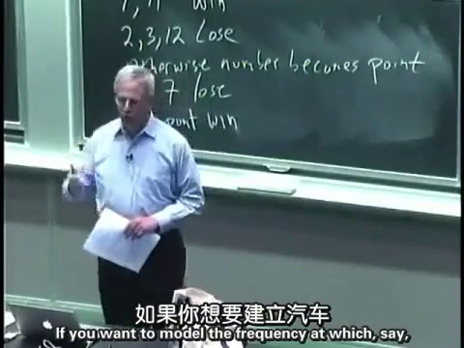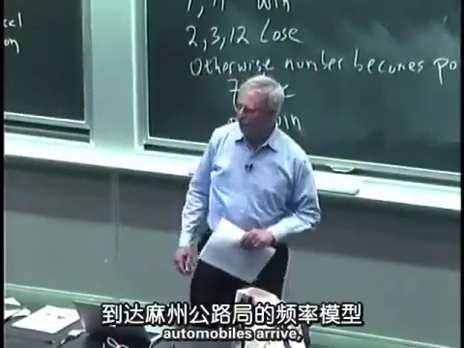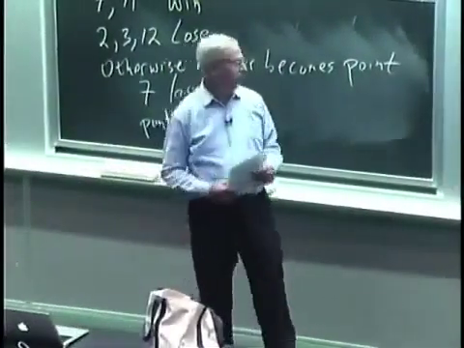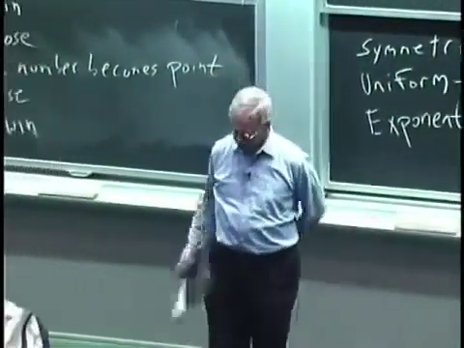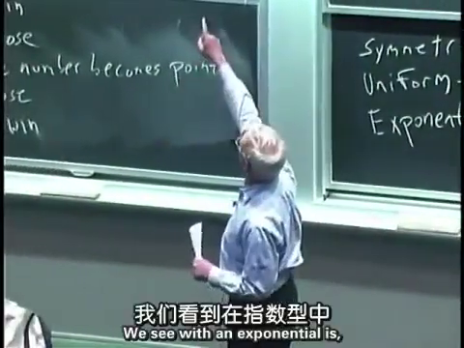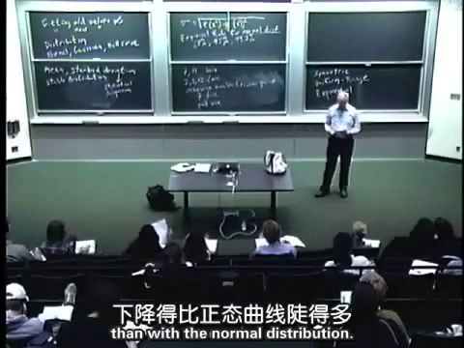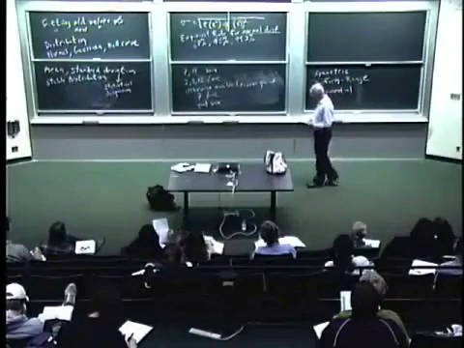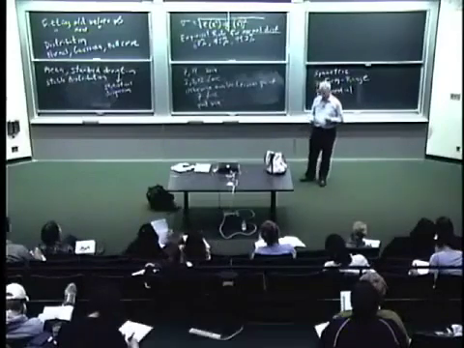If you want to model the frequency at which, say, automobiles get on the Mass Turnpike, you would find that the arrivals are exponential. What we see with an exponential is things fall off much more steeply around the mean than with the normal distribution. All right? Does that make sense?